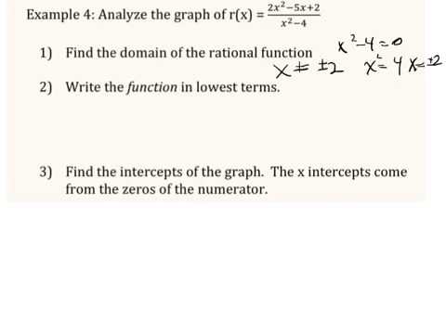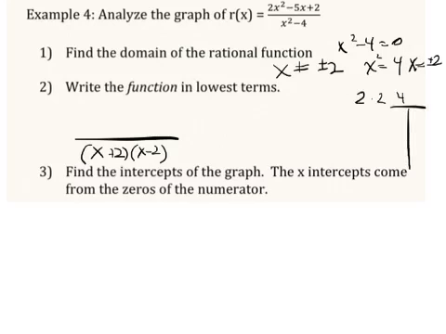Write the function in lowest terms. So I need to factor both the numerator and the denominator. The denominator is a difference of 2 squares, so we get x plus 2, x minus 2. And our numerator is going to factor to, let's see, 2 times 2 is 4. And we need that to add to -5. So we got 1 and 4, 2 and 2. So it's going to be -1, -4.